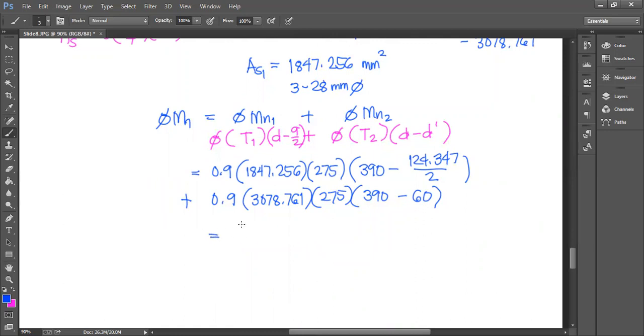Sa first term natin, meron tayong 149,880,918.6 plus 251,457,804.7.